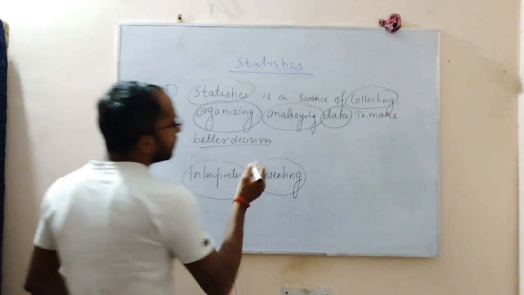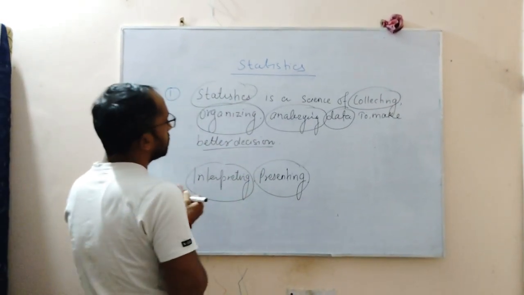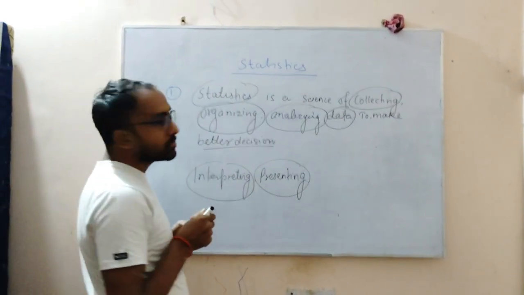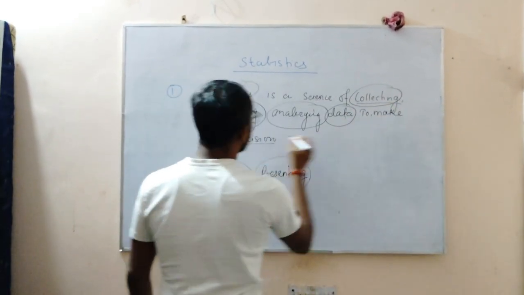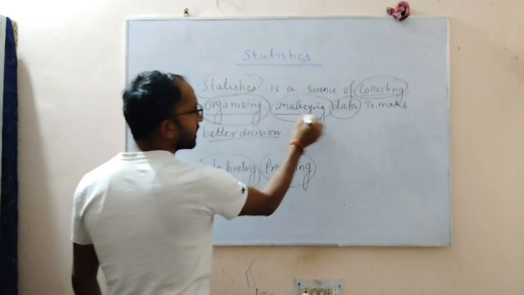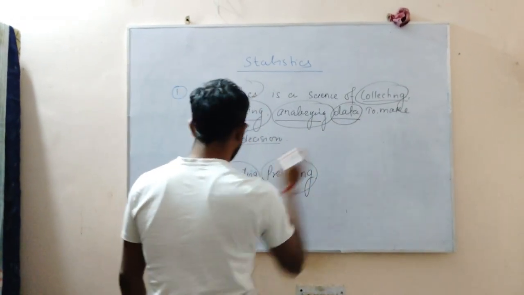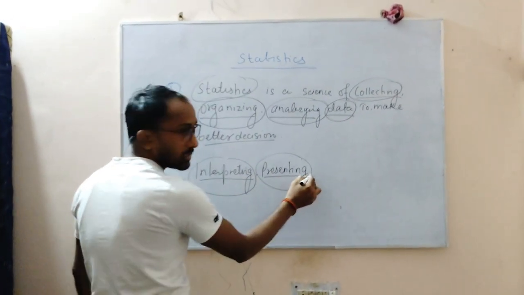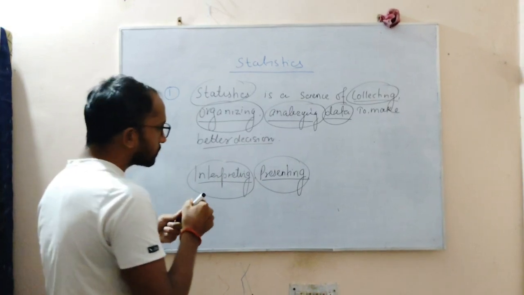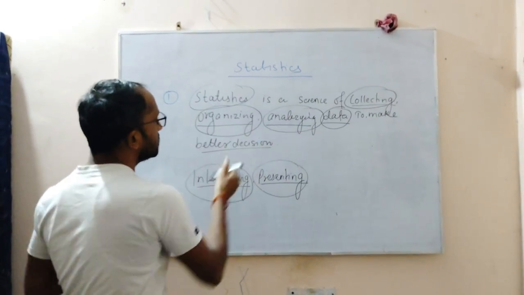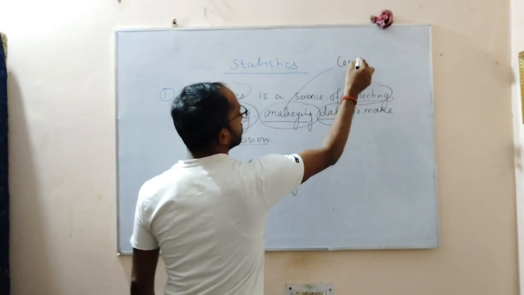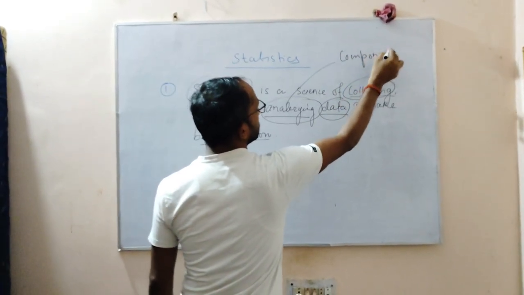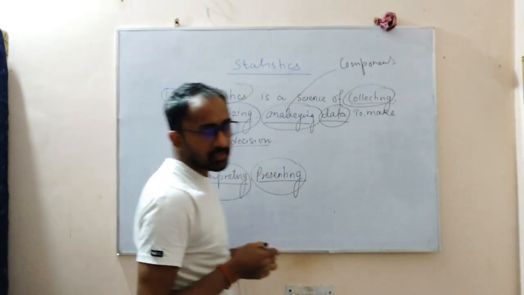Before going deeply into its types, we need to discuss what is collecting, organizing, analyzing data, interpreting, and presenting. These are called components. Components are its characteristics, features.